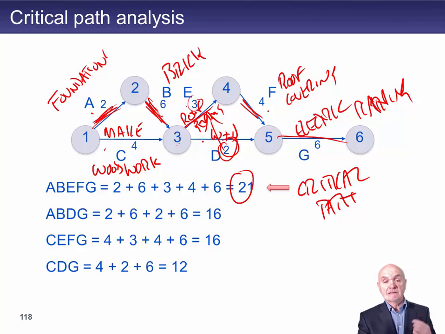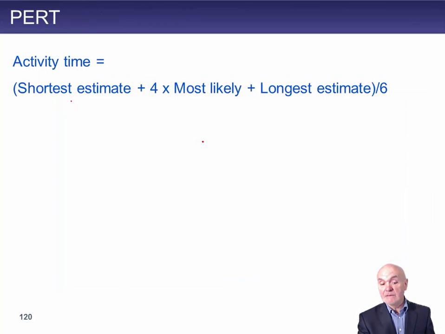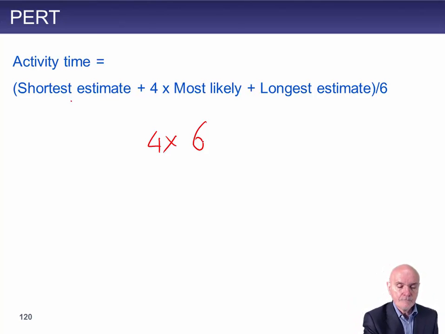Okay. So let's say that what we've put onto this at the minute for brickwork is 6. Not the best case, but the most likely. So we think probably it's going to take 6, so we have 4 of them. Shortest time, we'll say, well, it's going to be very difficult indeed to knock a day off that, and it's never going to be less than really 5. People can't work any harder than that.